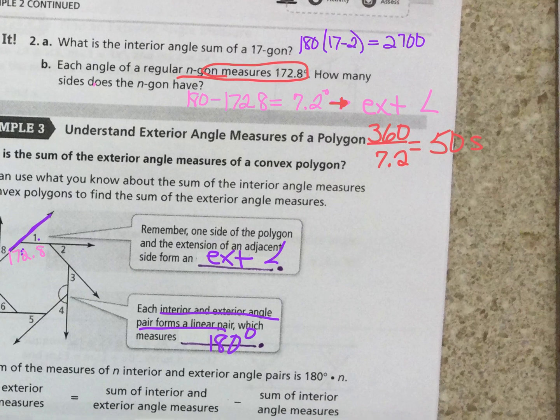There are 50 sides to that. So anytime you're looking for the number of sides, you have to have a set amount. Since all the exterior angles add up to 360 degrees, you divide by one of them, and you can find out how many there are.